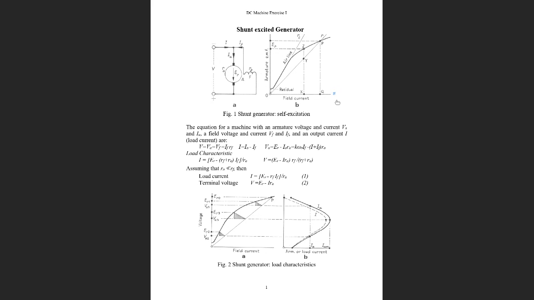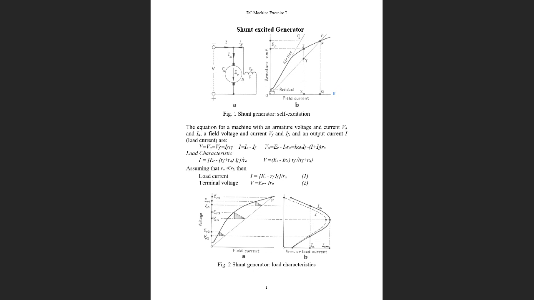The relationship, when open circuit, between the field current IF and the terminal voltage is a straight line, which is this one. On the other side, the internally excited voltage ER against the field current is shown by this curve, which we explained in the lectures.